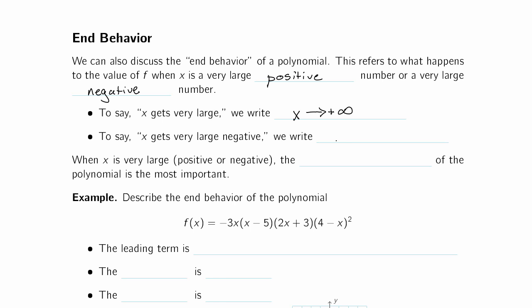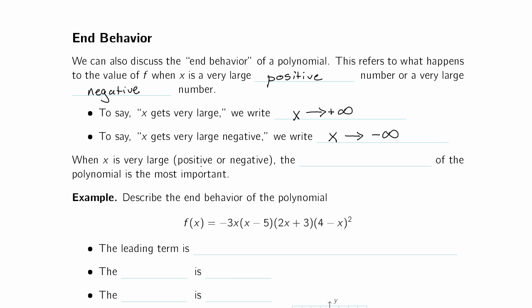To say x is getting very large negative, we write an x followed by an arrow followed by a negative infinity. Again, that's not some number, negative infinity. That just means that x is becoming a very, very negative number. It's negative 73 billion or negative 73 trillion. Very large negative.